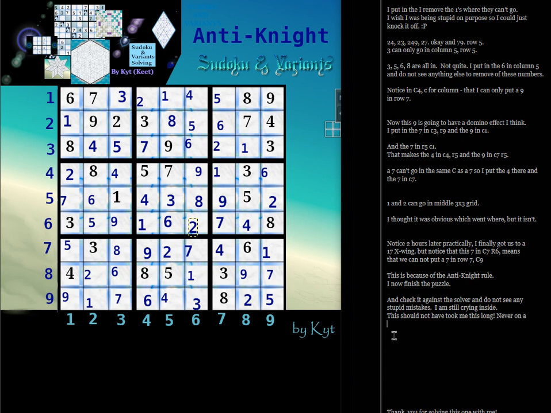Never on a medium, after my 16 years of drilling Sudokus, has it taken me this long on a medium, not even on a variant.